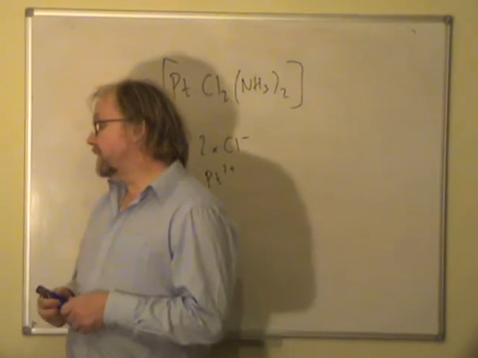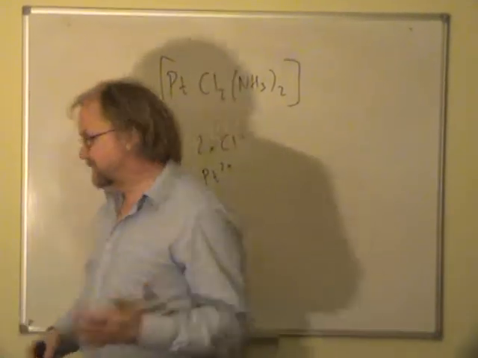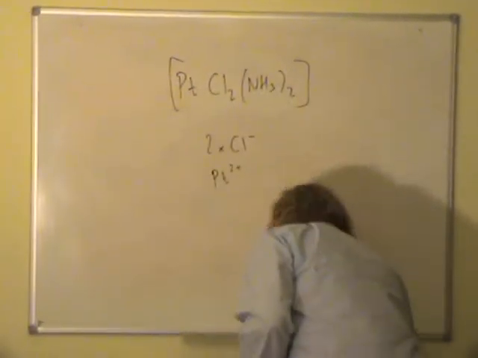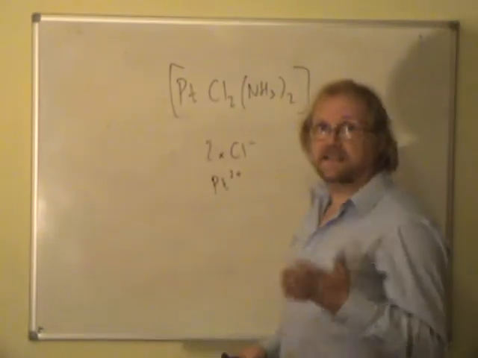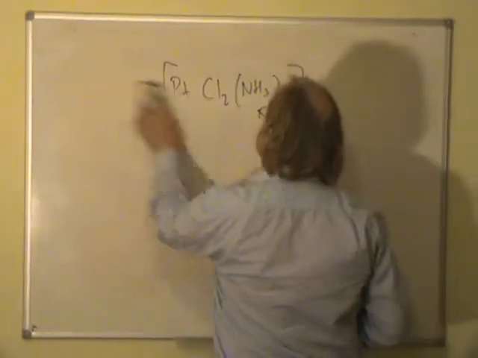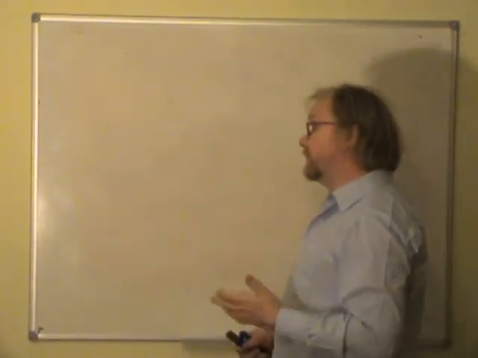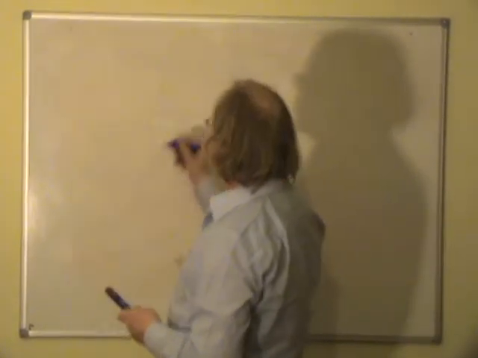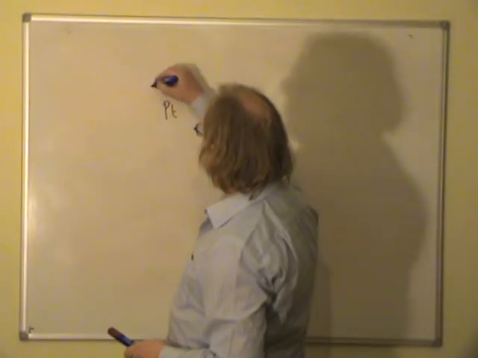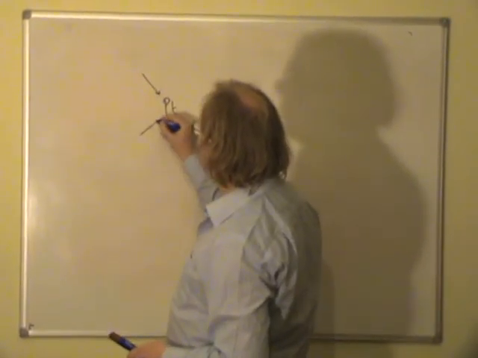Then we've got to draw diagrams of the 2 stereoisomers. Okay, so stereoisomers, remember, means either cis-trans or it means optical isomers. And in the case of a square planar complex, we're talking cis-trans. So what you've got are square planar complexes.